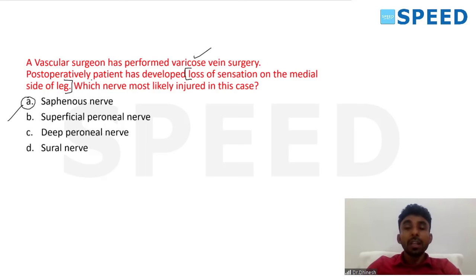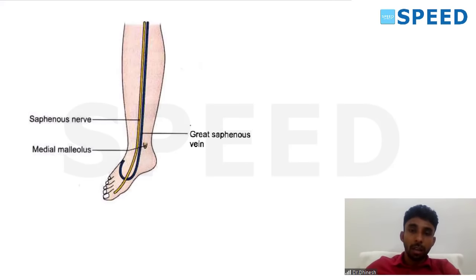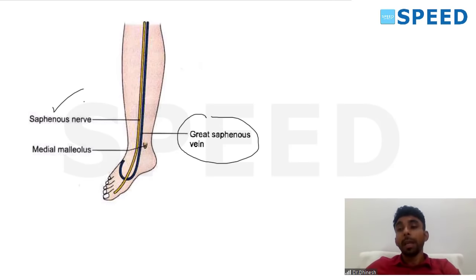During the surgical removal of the varicose long saphenous vein, or great saphenous vein, the saphenous nerve may easily get injured because the long saphenous vein is closely accompanied by the saphenous nerve, isn't it?